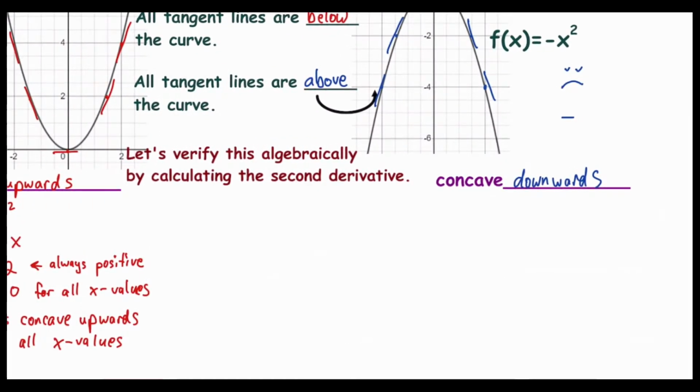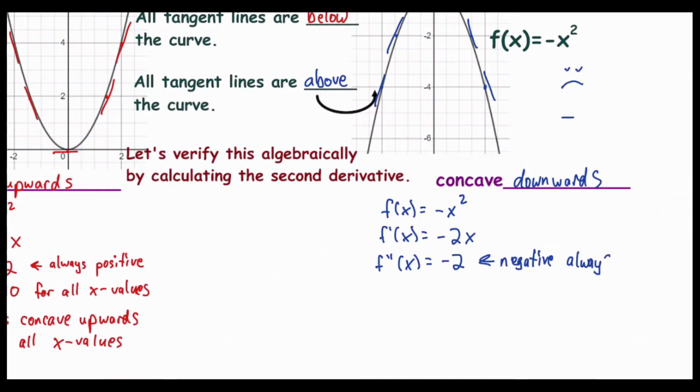In our second situation here, my f of x is equal to negative x squared. Let's find our derivative and then our second derivative. So f prime of x is negative 2x. f double prime of x is equal to negative 2. What do we notice? It's negative everywhere, or always negative.